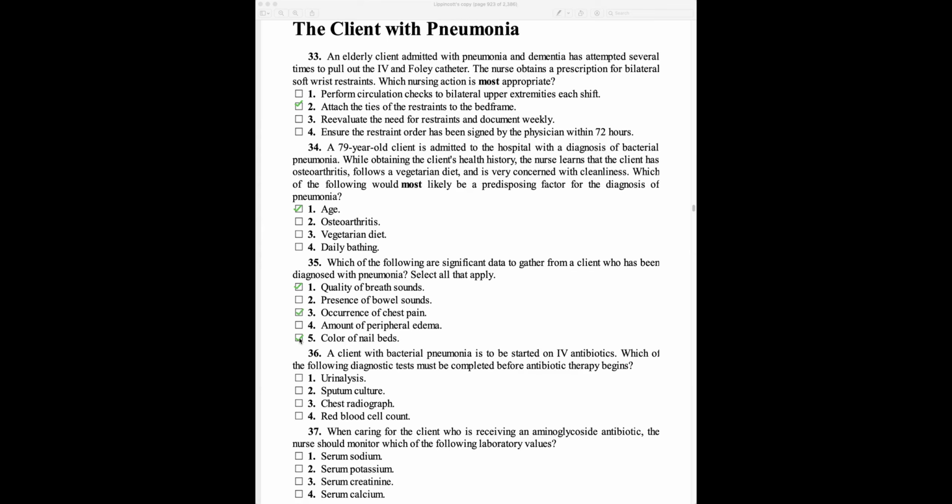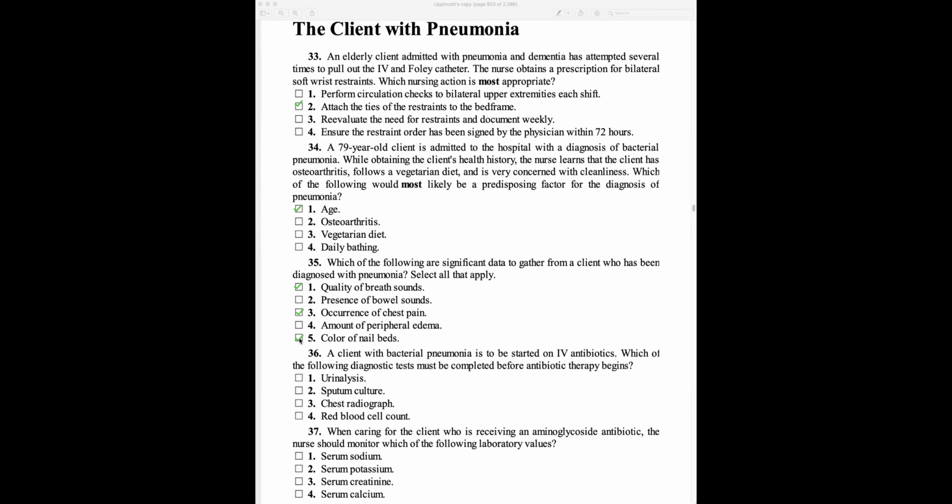So you want to know the quality of the breath sounds because we want to see if, as we're treating the pneumonia, the breath sounds are becoming more clear, right? So a patient with pneumonia, you will probably hear rhonchi because of the mucus. You can hear crackles too, but their lung sounds are going to sound very wet and junky. So we want to have a baseline of what it sounds like now, and then we hope to see an improvement as they're deep breathing and coughing and getting breathing treatments and antibiotics and fluids, that hopefully we are seeing an improvement in the breath sounds.